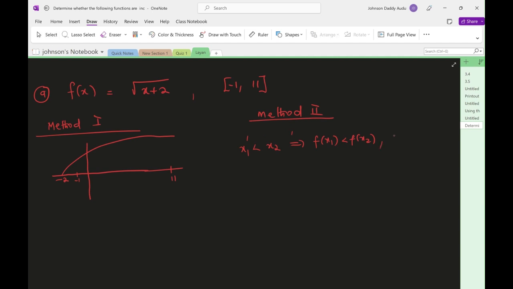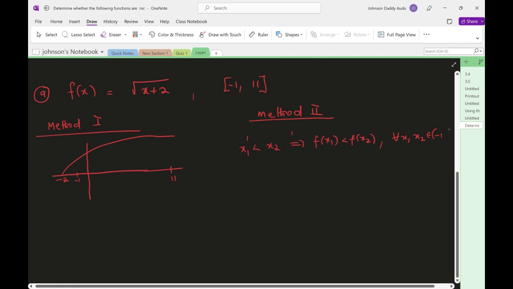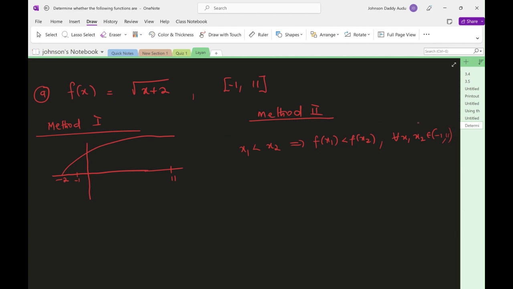For all x1, x2 inside -1 and 11. If this is always true, then we can say f is increasing.